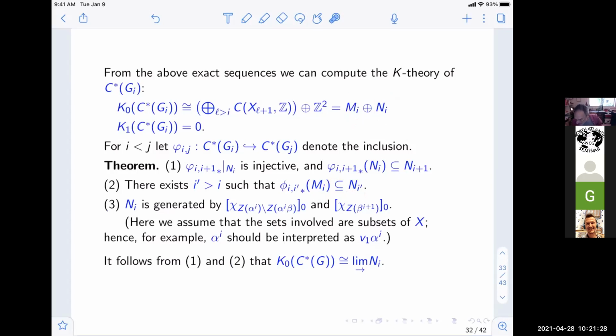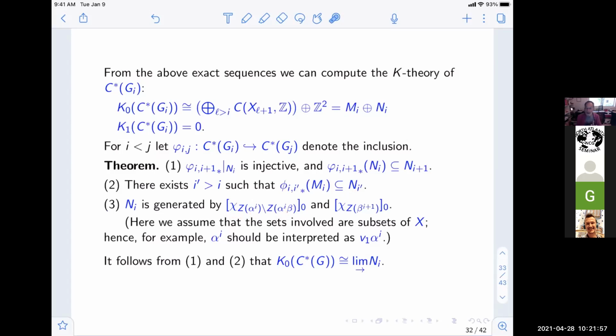And now we need the generators of the K0 group, and here they are. We should be looking at this set in the unit space. This is all the paths that begin with alpha to the i, edges labeled alpha, but do not begin with alpha to the i beta.